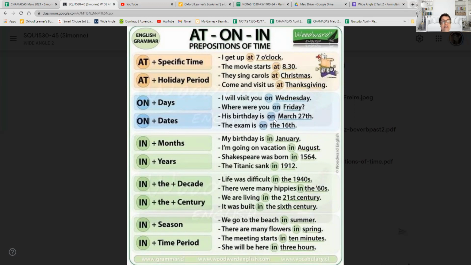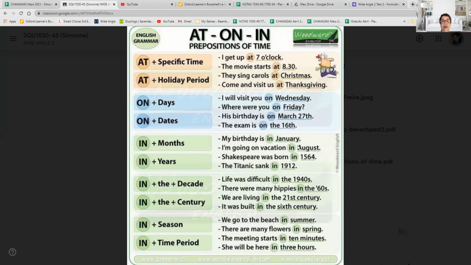So dates in general, we always use on. Now, when we just mention the month, we use the preposition in. So my birthday is in January. I'm going on vacation in August.